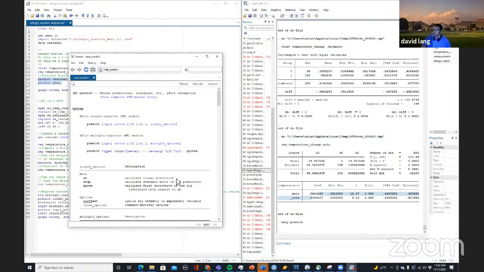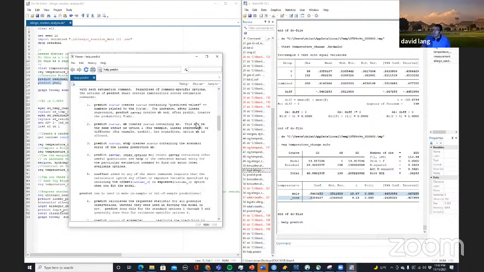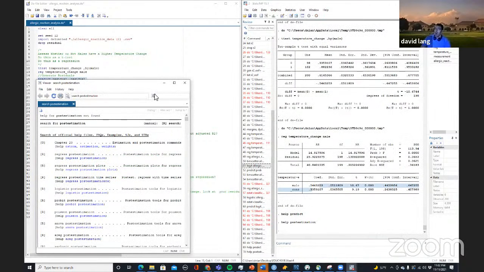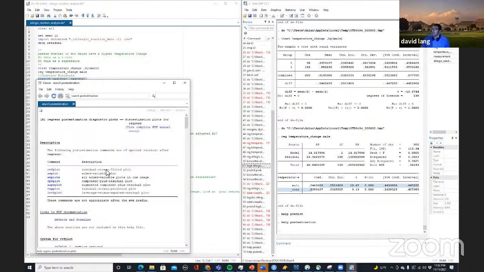You can predict the linear prediction, you can predict the associated standard errors, as well as other types of post-estimation procedures that we're not going to have too much of a chance to get into. But I just want you to be aware of these options because there's a lot of useful toolkits, including some plots that you might find helpful.